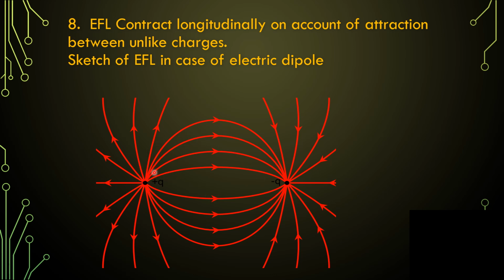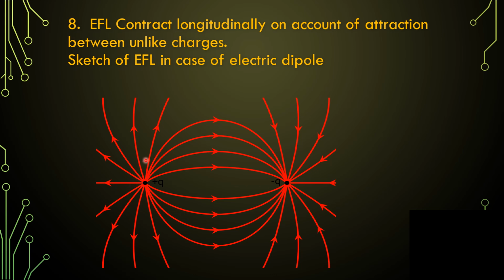That is because, imagine one test charge here, closer to the positive charge. The test charge is repelled by the positive and hence it moves away from the positive. As it is moving, it experiences a force of attraction. So that's why instead of going straight, it bends towards the negative charge.